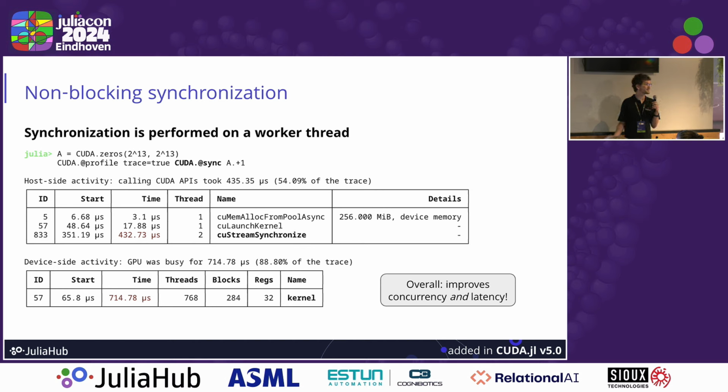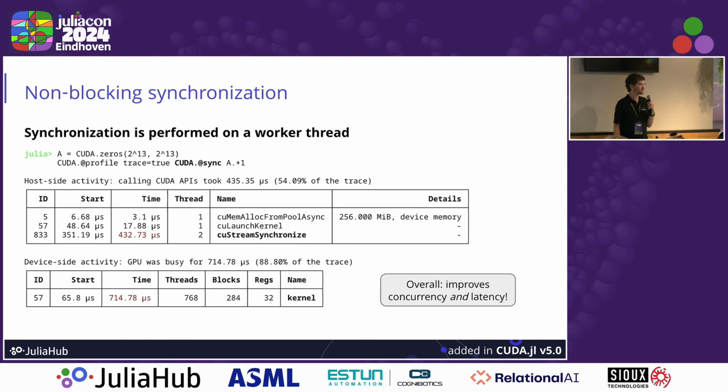That happens implicitly when you copy memory from the GPU to the CPU, because we need to first wait for those values to materialize. But it also happens when, for example, you call the mapreduce function and you reduce an array to a scalar. Now we have to first wait for the GPU to finish computing and for the scalar value to be available. So in order to do that, we call the synchronize function.